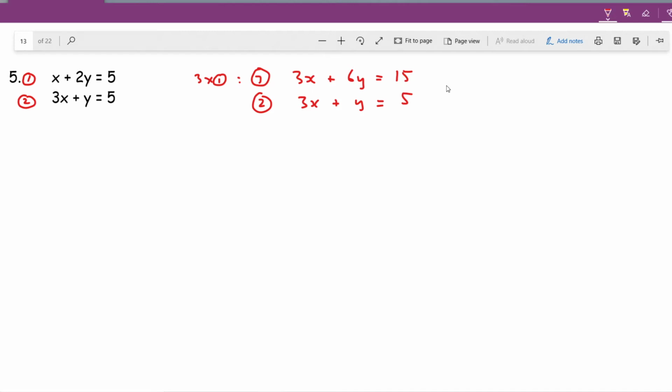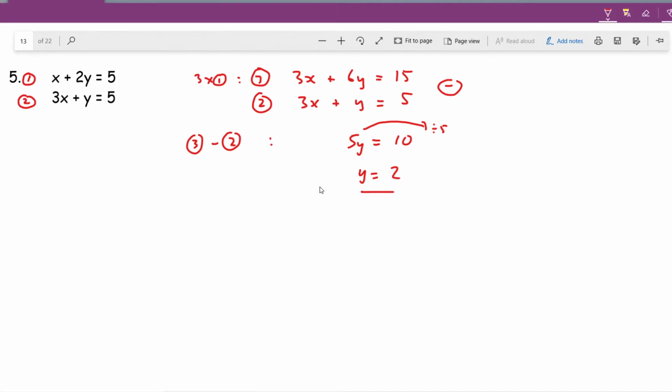So I'm going to subtract those: equation 3 subtract equation 2. Once I do that, 3x take away 3x, that goes. 6y take away y is 5y. 15 take away 5 is 10, which means y must equal, dividing by 5, y equals 2.